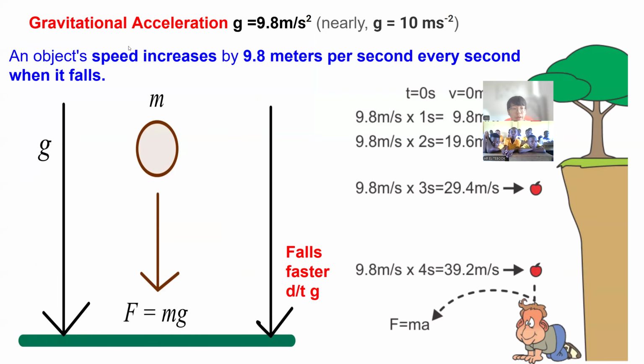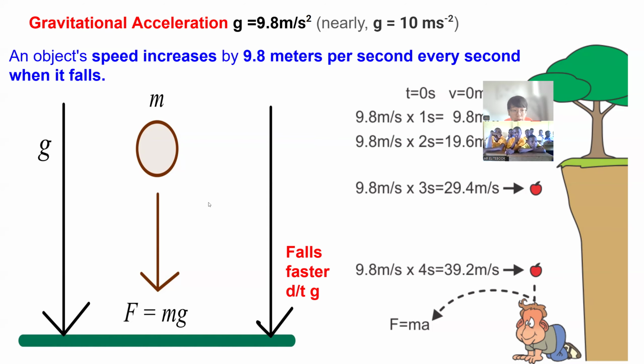Before, I talked about the gravitational constant, the gravitational acceleration, which is g. On Earth, g equals 9.8. So you can plug this in whenever you have mass, and you can calculate the energy.